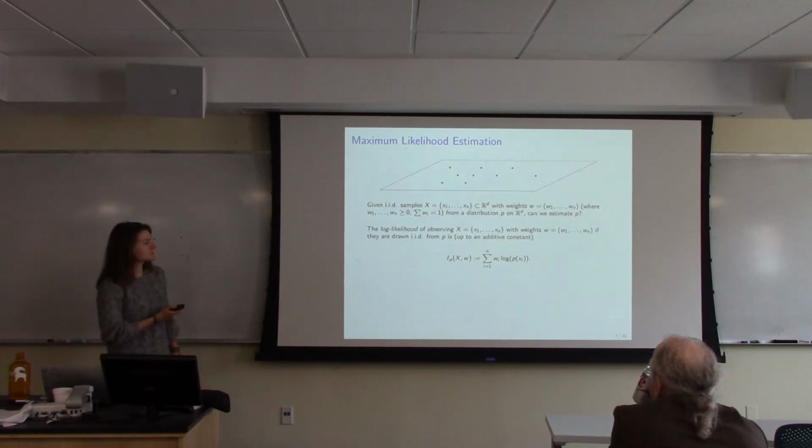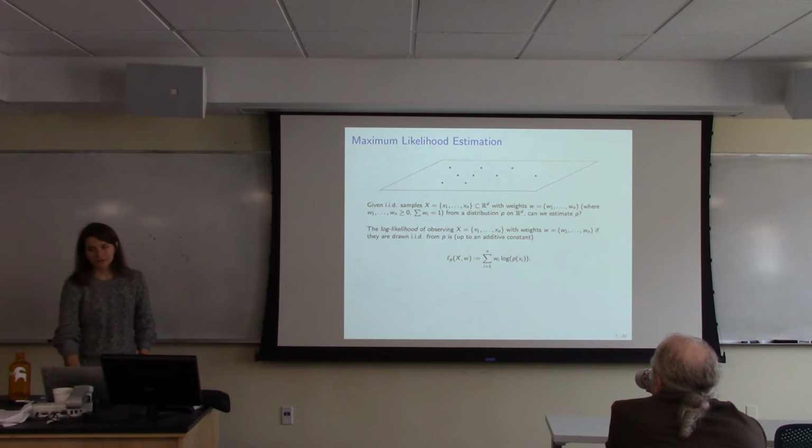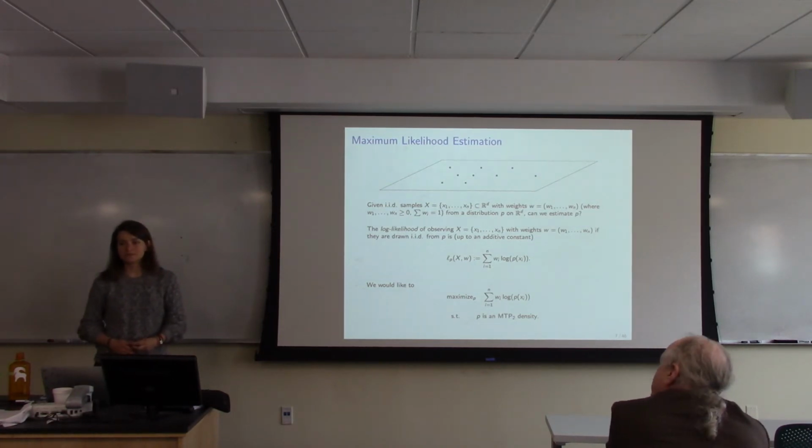The log likelihood of observing points x with weights w, if they're drawn i.i.d. from p, equals the sum over i of w_i times log of p of x_i. It's just the log likelihood. And so our problem is to maximize this function subject to the constraint that p is an MTP2 density.